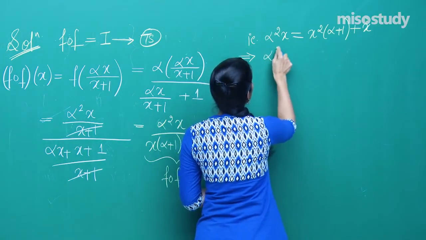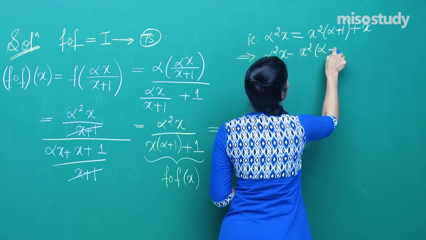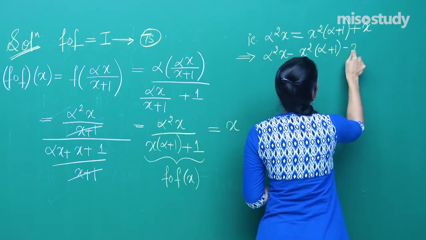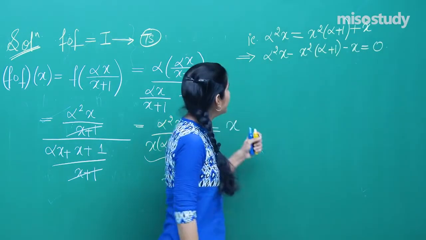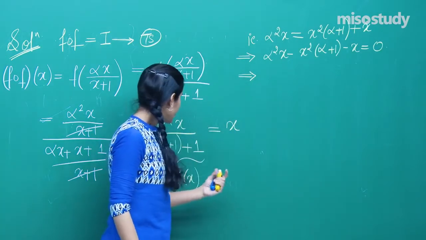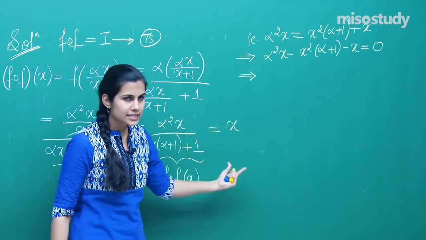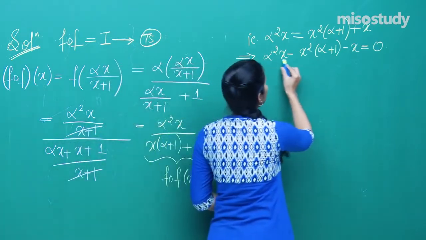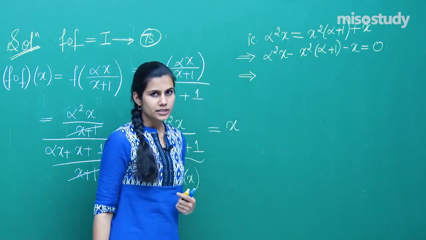That means alpha square x minus x square times alpha plus 1 minus x should be 0. Now, this means what? Well, if I want FOF of x to be equal to x for every x, this means for every x, this equation should be satisfied.